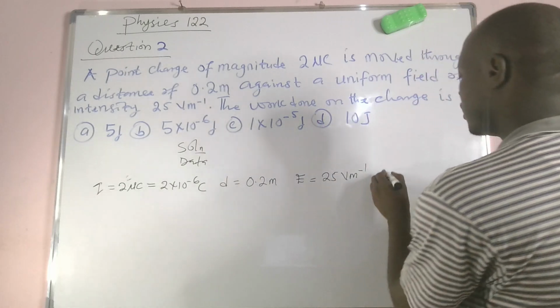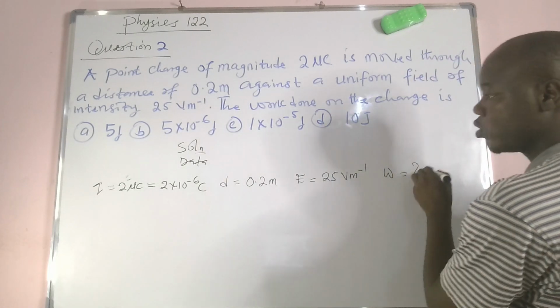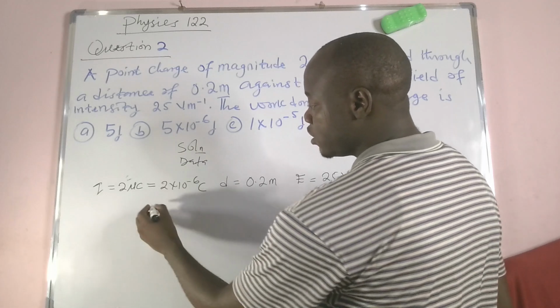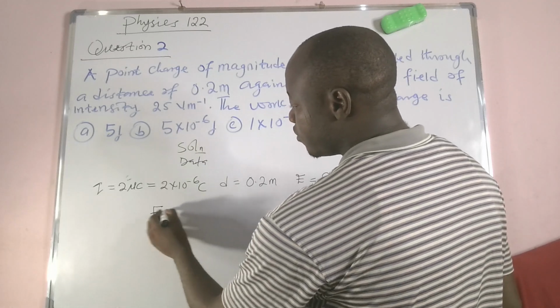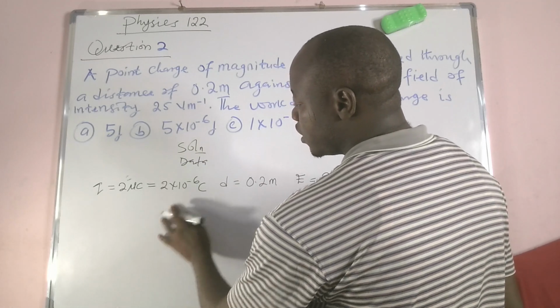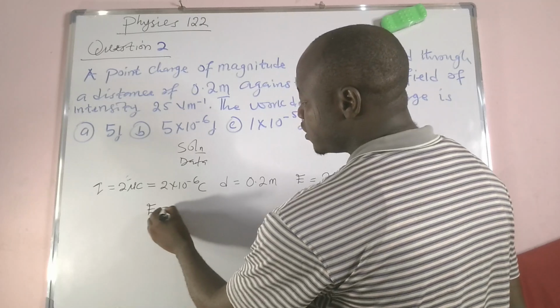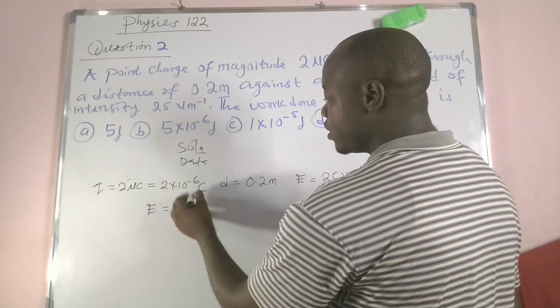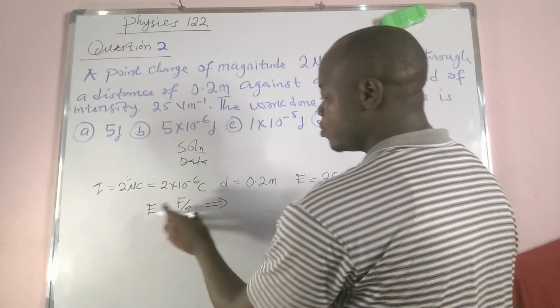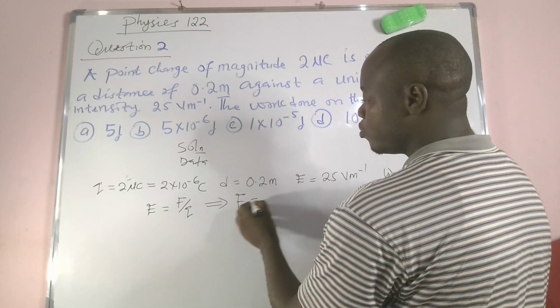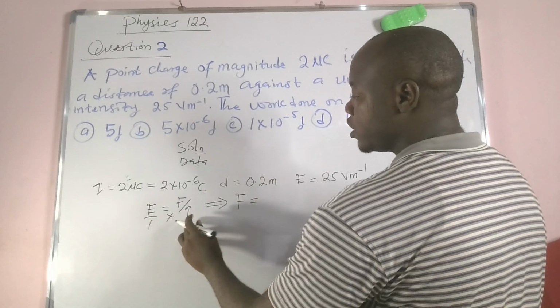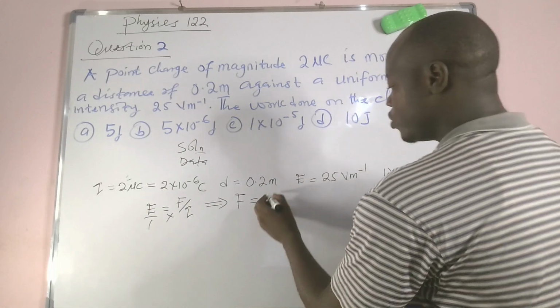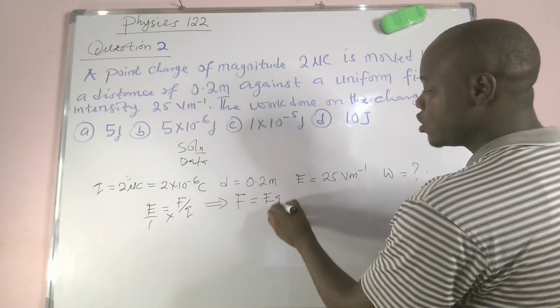So in this case we are going to calculate work done. And don't forget, ladies and gentlemen, electric field intensity is equal to force all over Q. So to get force, we make F the subject of the formula. By cross multiplication, this gives us EQ.